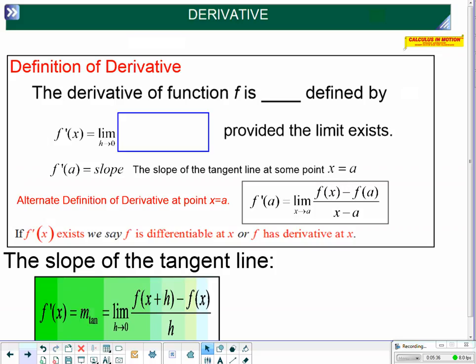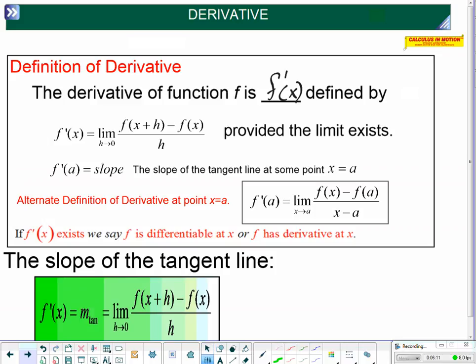And the definition of a derivative, the derivative of a function is f prime of x defined by, and I've got one way of defining it, we just talked about it, this difference quotient, the limit as h goes to 0 of f of x plus h minus f of x all over h, provided that limit exists, of course. If it did not exist, we might suspect we have a vertical tangent line there, because vertical lines are undefined.